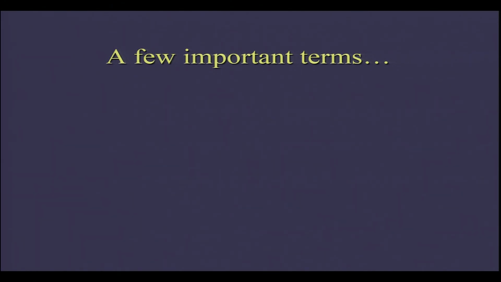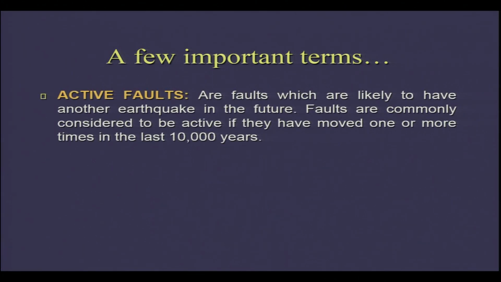A few important terms before moving into some details of paleoseismology. First, active faults. Of course, we have a major topic on active faults, but the general definition is that these are faults which are likely to have another earthquake in future, and faults are commonly considered to be active if they have moved one or more times in the last 10,000 years.